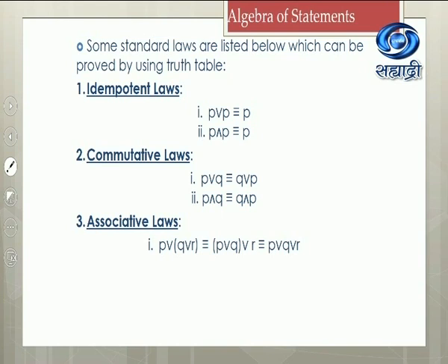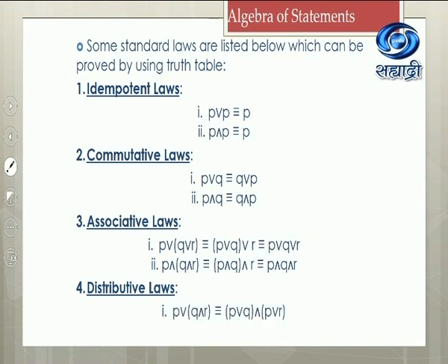Associative laws: P or Q or R. Here there are three statements. So we have (P or Q) or R, which is equivalent to P or (Q or R). Same thing for conjunction: (P and Q) and R is equivalent to P and (Q and R). Here only one connective is there throughout.